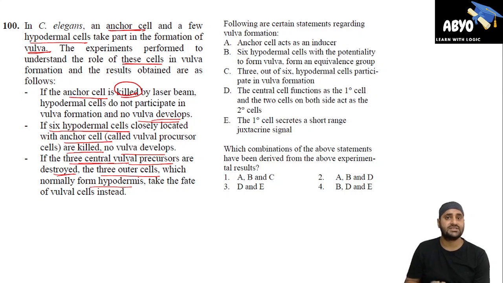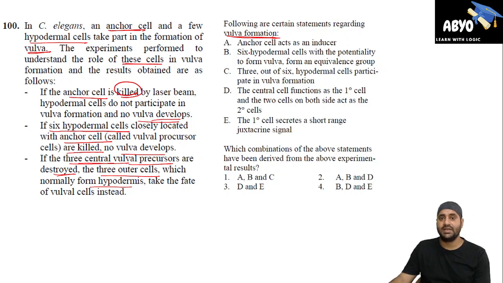The 3 central cells, they were P6P and P5P and P7P, these 3 central cells. And then they are having some hypodermal cells like P3 and P4, and on that side P8. Now, based on this information, following are certain statements regarding vulva formation, okay?